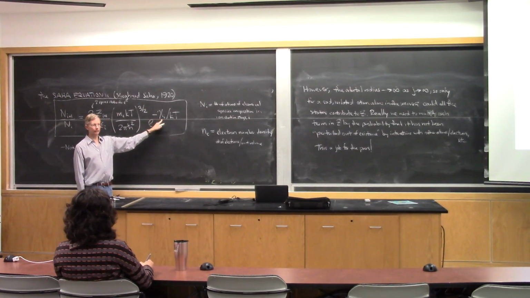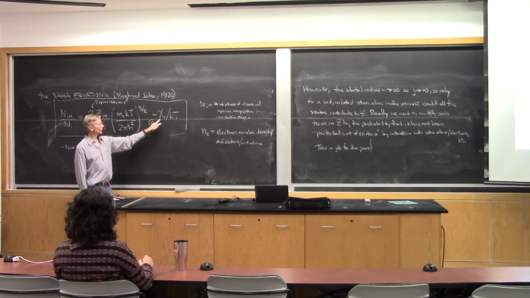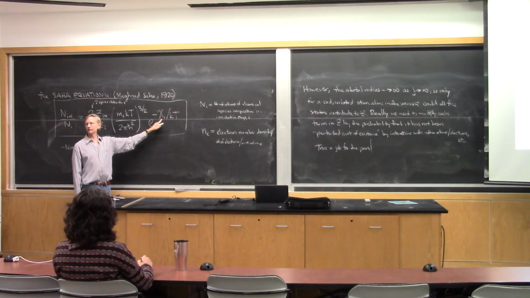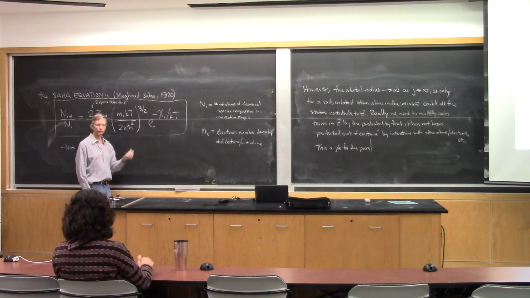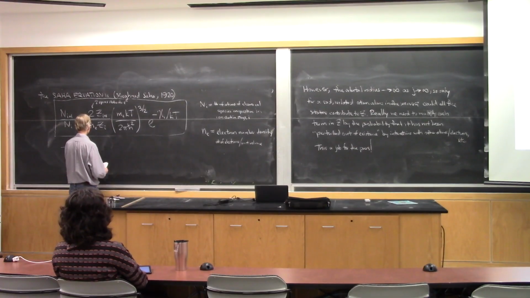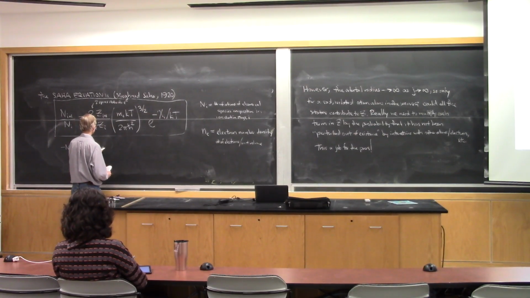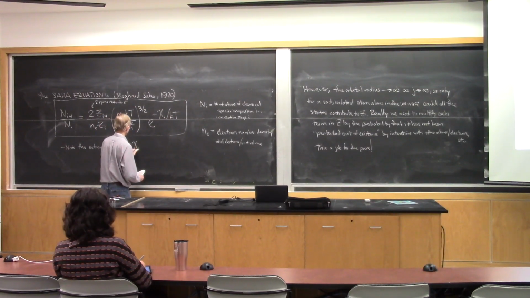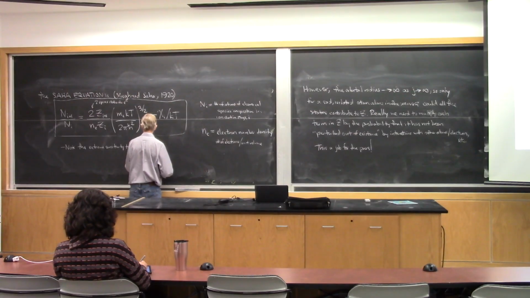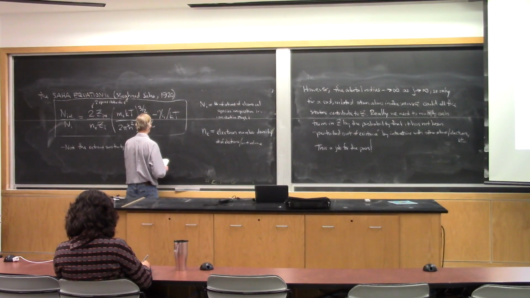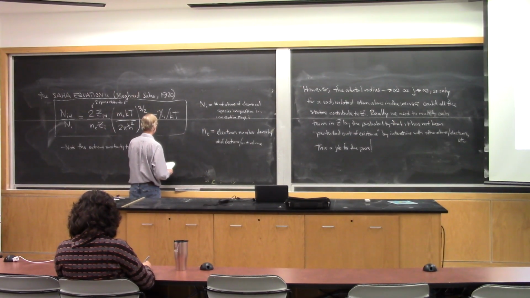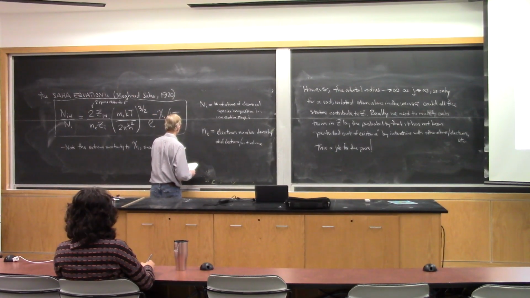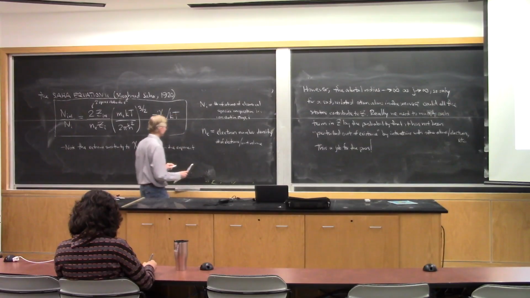As chi I increases, this ratio decreases exponentially as the ionization energy increases. So note the extreme sensitivity to chi sub I, since it is in the exponent. So that's one thing to note.